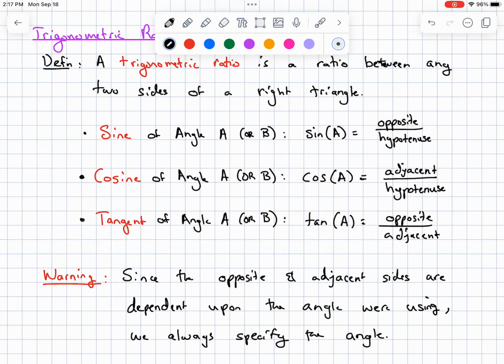Because sine of A is not necessarily equal to sine of B. There's only one situation where that will be true. Cosine of A does not always equal cosine of B. Very rarely. In fact, only once does it work that way.